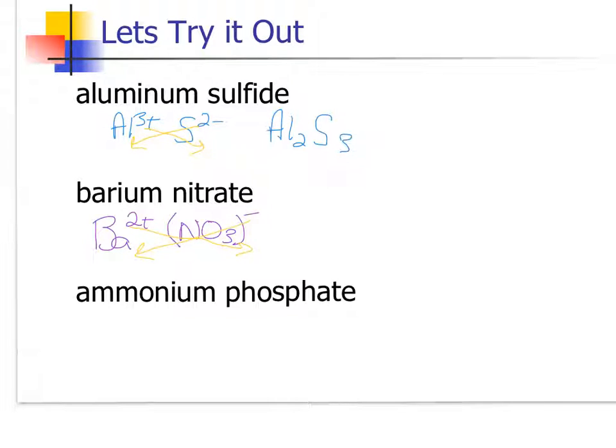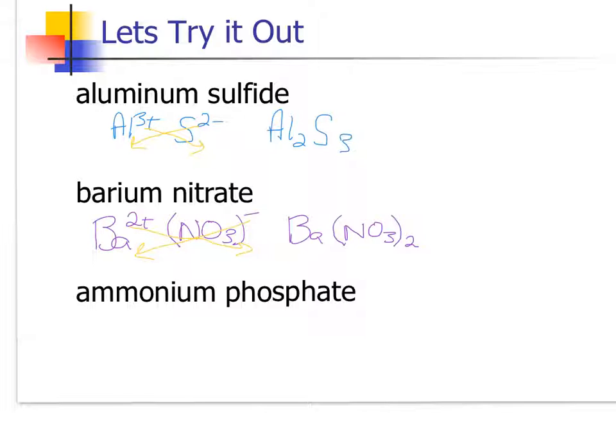And when I write it all out, I don't indicate the 1 on barium, I just write the symbol itself, but I do need, in this case, the parentheses there, and the 2 goes on the outside. Because if I didn't put the parentheses there, it would look like I have 32 oxygen, and that would be silly.